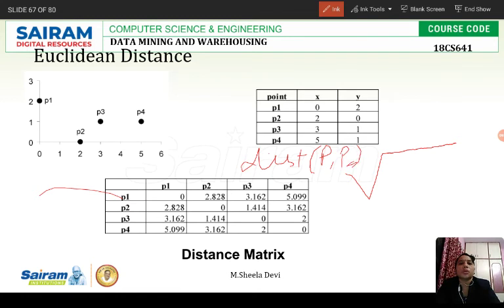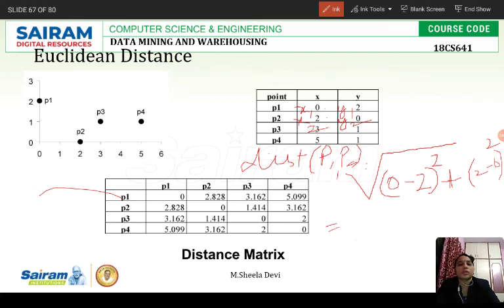So P1 comma P2 is equal to, x1 is 0, so 0 minus 2 whole square, x1 minus x2. See, this is x1 and this is x2, because the data object is P1 and here the data object is P2. Here y1 and y2. So x1 minus x2, then y1 minus y2 is 2 minus 0 the whole square.